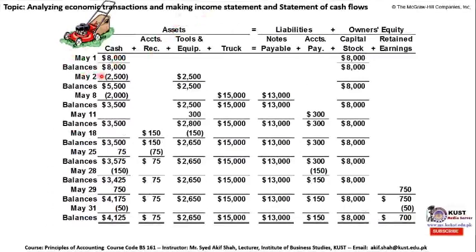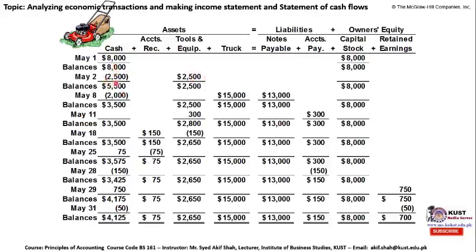Another way around, we can also make statements pertaining to the economic transactions by looking at this table directly. Like May 2, we can see that $2,500 is in parentheses or brackets. In accounting, when there is a parenthesis against any number or figure, it means that something has been deducted or is minus.